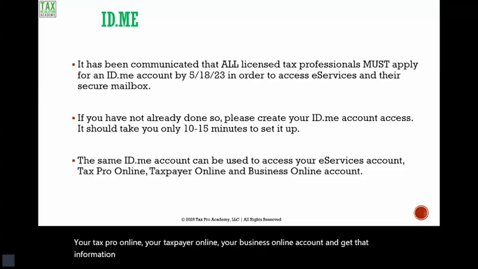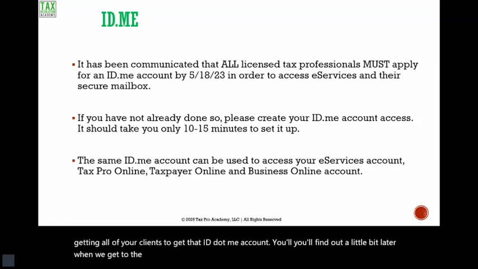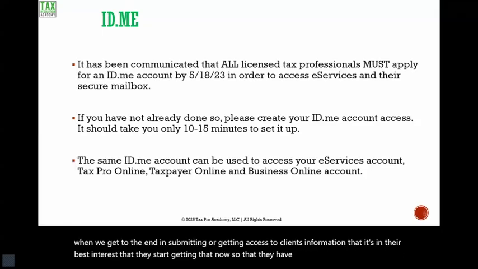Now, I highly, highly recommend that all tax professionals communicate with and get all of your clients to get that ID.me account. You'll find out a little later, when we get to submitting or getting access to clients' information, that it's in their best interest to get that now so that they have it if they ever need it.